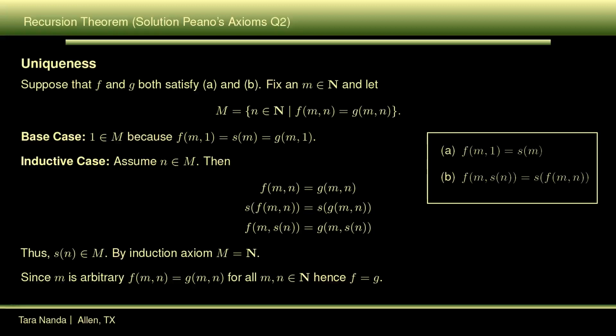And since m is arbitrary, it follows that f of m comma n is equal to g of m comma n for all m and n in natural numbers. Hence, f is equal to g. Well, recall f and g are both sets. Two sets are equal if one is a subset of the other and the other is a subset of the first.